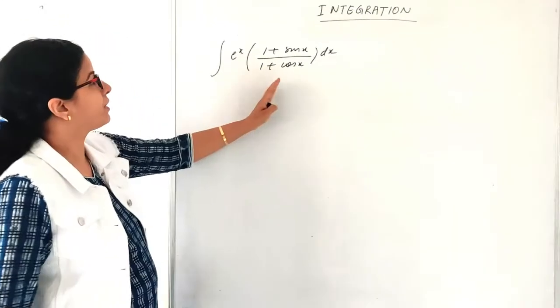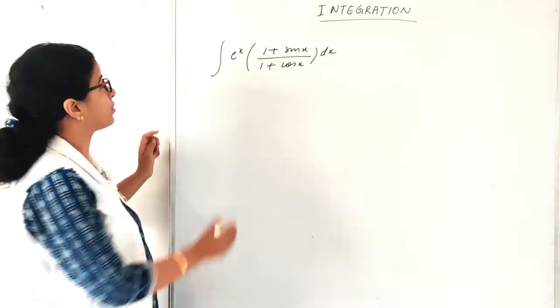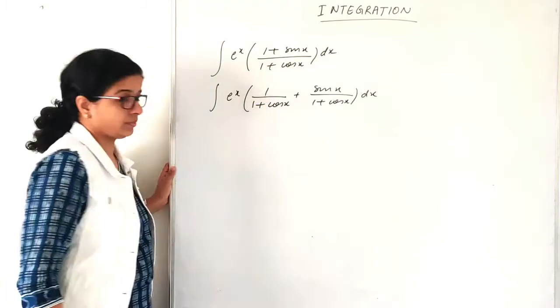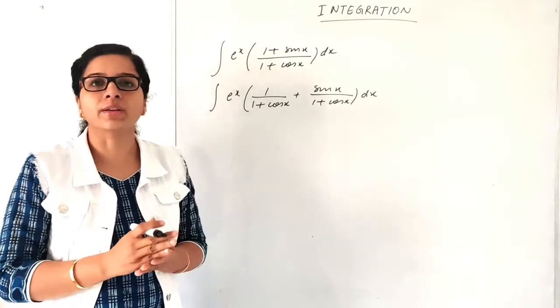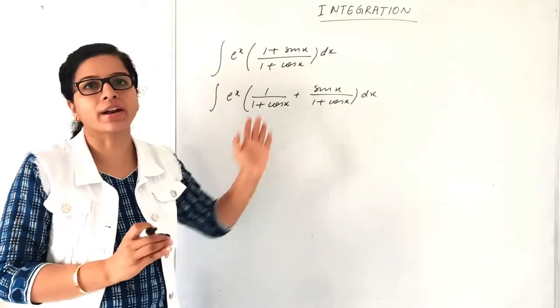So now look here, we have this question. So what we are going to do, we will separate the terms. Students, remember this. If with exponential you have algebraic term x square, x cube, you directly use the ILATE tool.